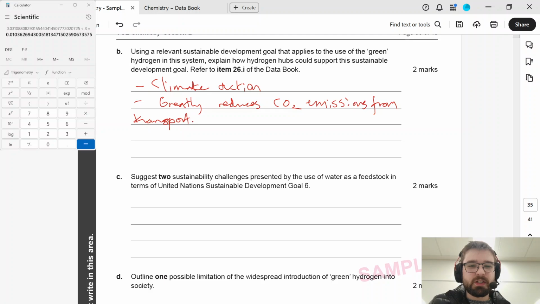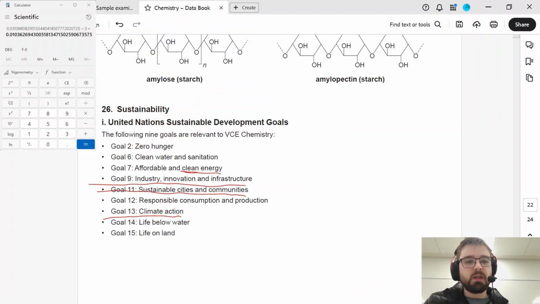Suggest two sustainability challenges presented by the use of water as a feedstock in terms of United Nations Sustainable Development Goal 6, so clean water and sanitation.